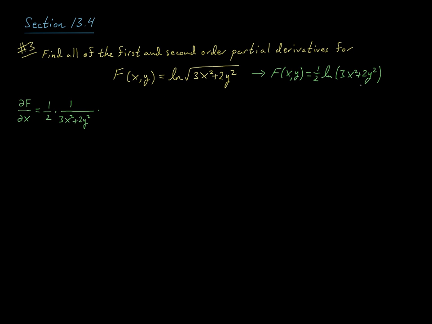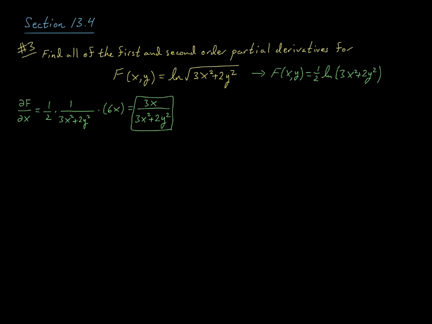So I have to differentiate what's inside the log with respect to x here. And that's going to give me just a 6x. Right? The derivative of 2y squared would be 0. So that'd be times 6x. And so putting this all together, notice the 2 and the 6 can simplify. So I'm going to get a 3x over 3x squared plus 2y squared. All right, so that would be our x derivative.